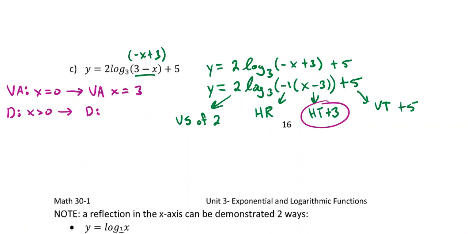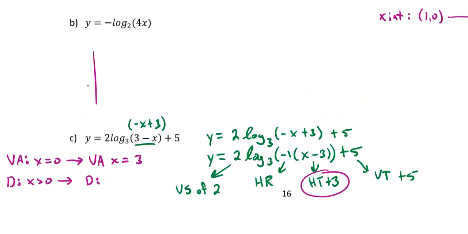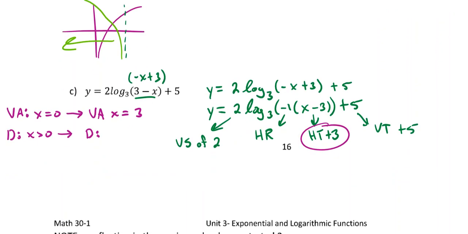The asymptote is still at 3, but you can imagine if this graph was originally going this way, this thing has reflected. So now it moved over to 3, but it reflected as well, so it's now going the other way. It's everything to the left of 3. So the domain would be x has to be less than 3.